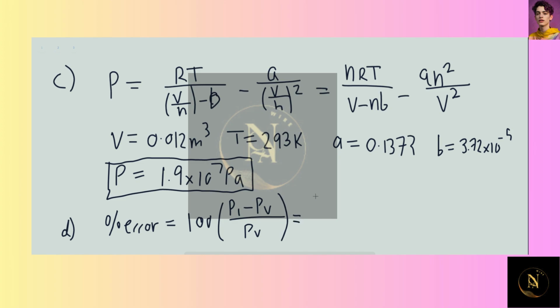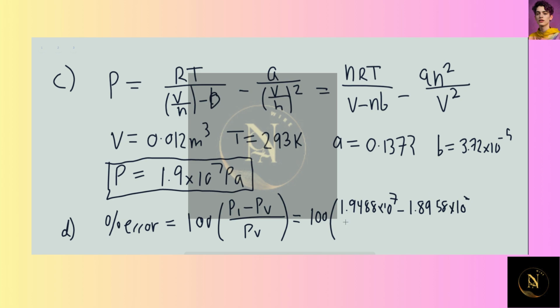All right, so now I'm going to quote you some more precise values of these so we can actually get a good percent error. So we have 1.9488 times 10 to the 7 Pascal. That's the ideal gas law. And 1.8958 times 10 to the 7.